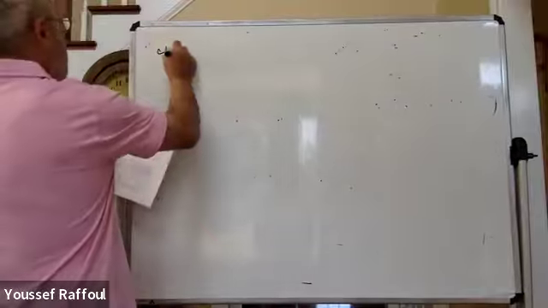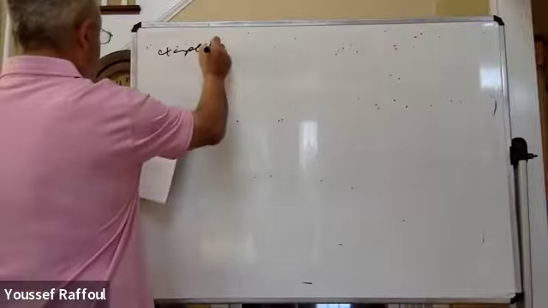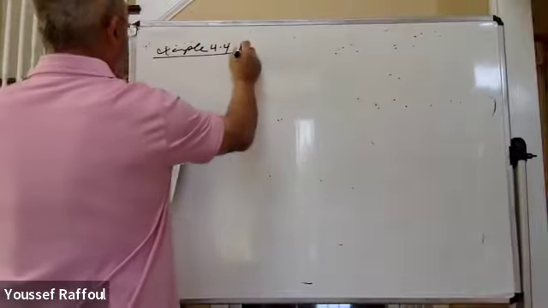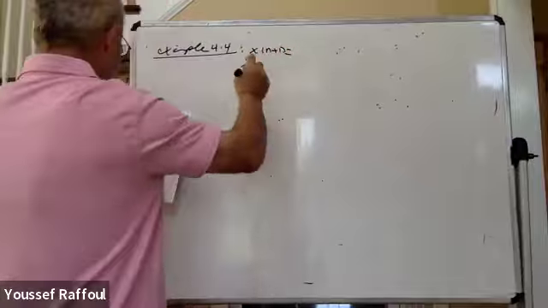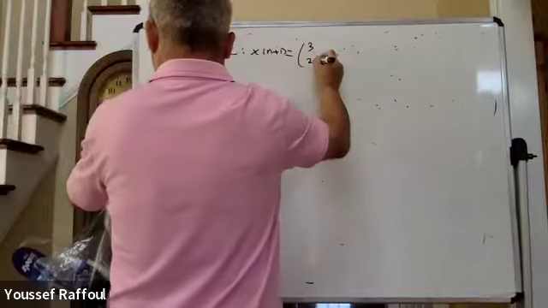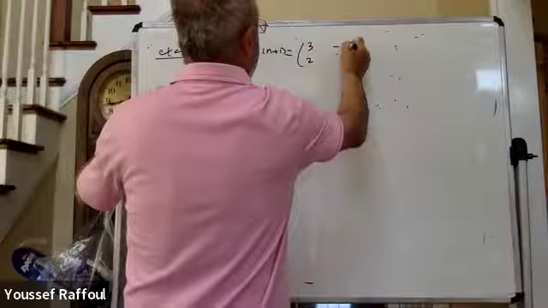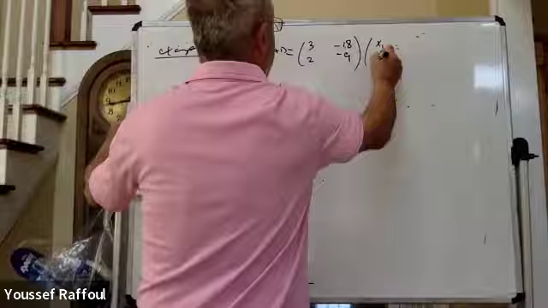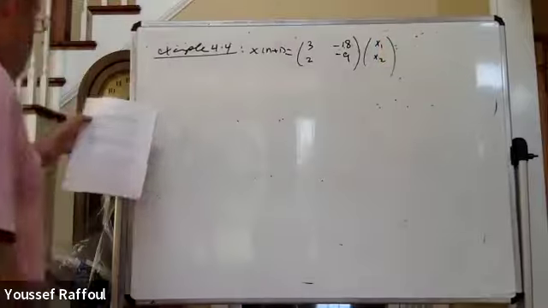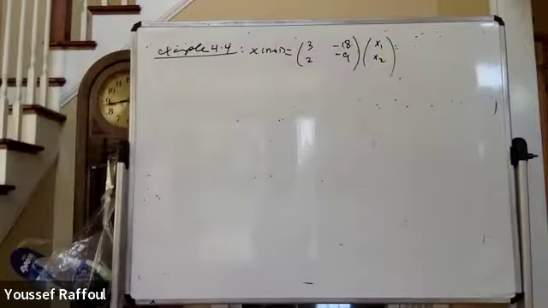Consider the system. This is example 4.4. So let's take a look at x_{n+1} equals the matrix with rows (3, 2) and (minus 18, minus 9) times (x1, x2). Okay?